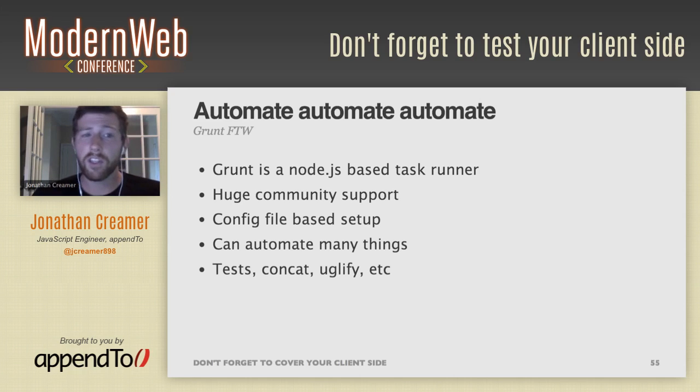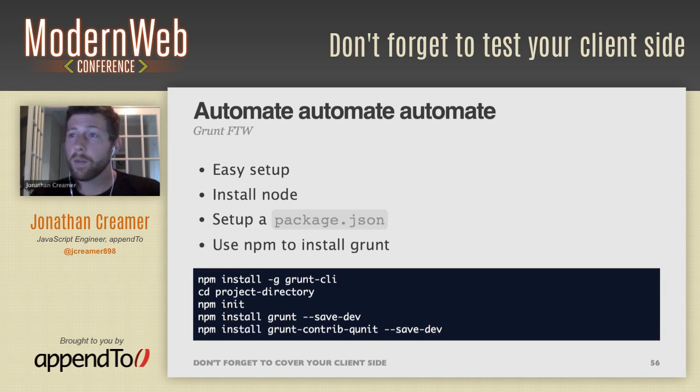So if you haven't used it, it uses a config file to set it up, and it's all based on Node. I recommend using a package.json file. And how you get started with it, real simply, is you install the Grunt CLI globally, and that's how you can just run grunt on the Node command line, or your terminal in OS X or Linux.